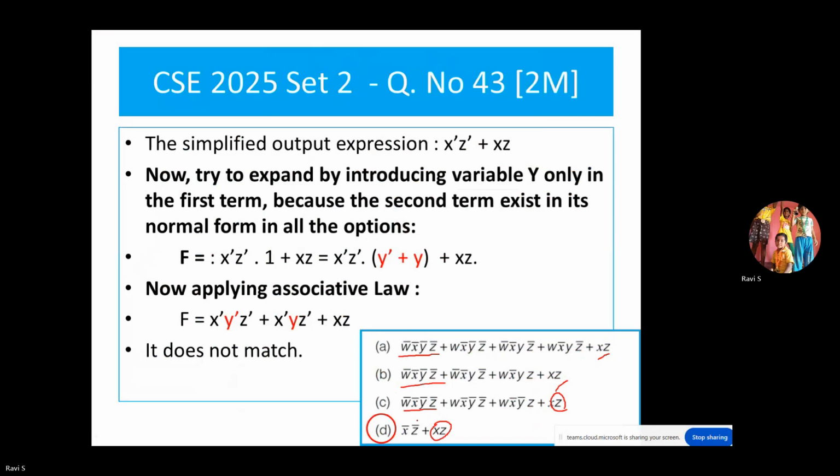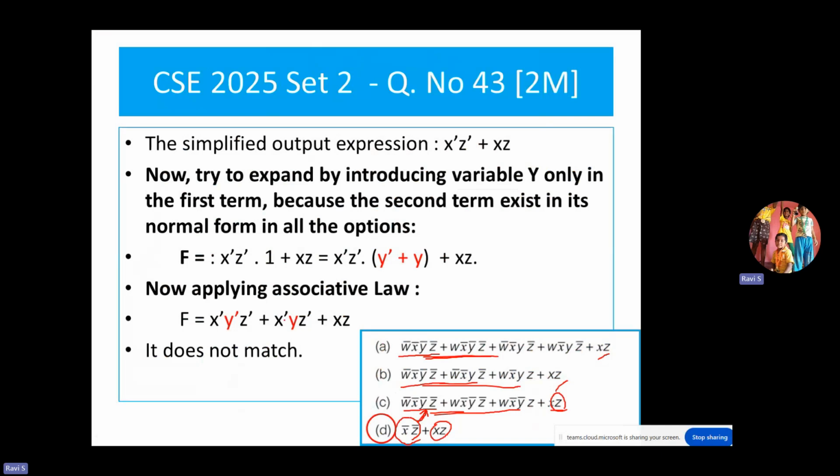So if we can expand this x prime and z prime, the rest of the terms we must get. Only if this can be expanded to the rest of the terms in options A, B, and C, other than this xz term, it must be equivalent. If it is so, we can claim that those expressions also equivalently represent the given function.